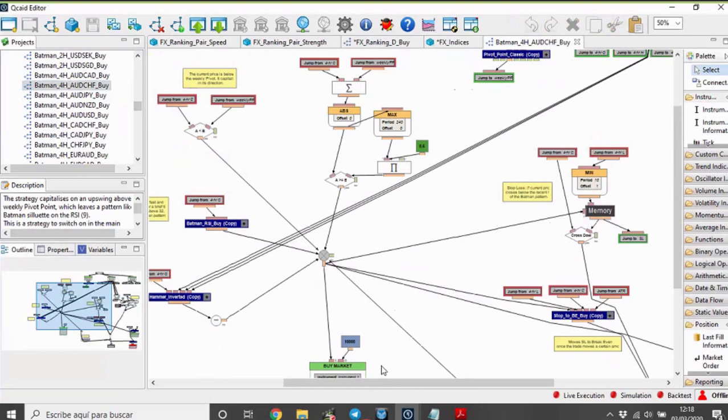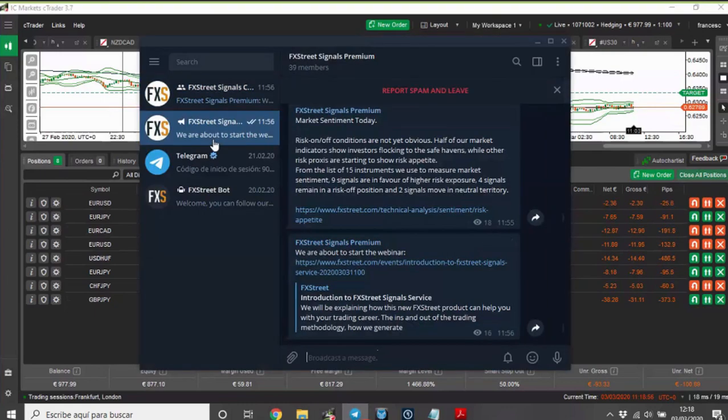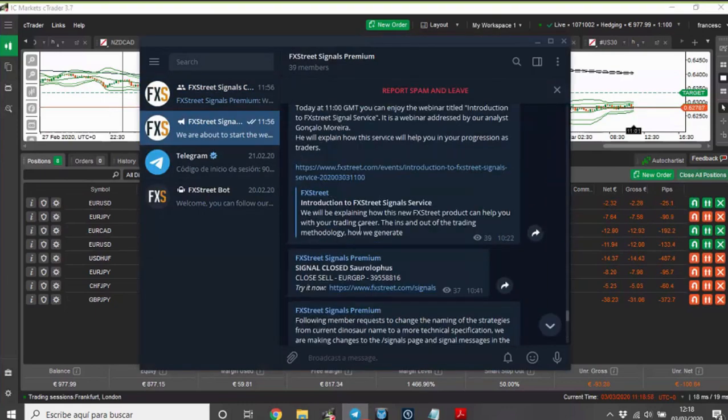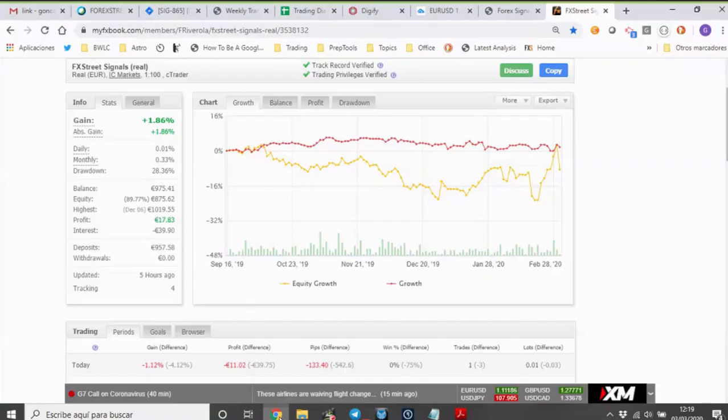From this platform, the signal is sent to our servers. It is routed through the trading platform, which we currently have on cTrader. These are the open trades right now, and at the same time, the orders are routed also to the Telegram group and channel, where the signal is mentioned with trade ID, direction, pair, and so on. And it's also visible on the signals page.